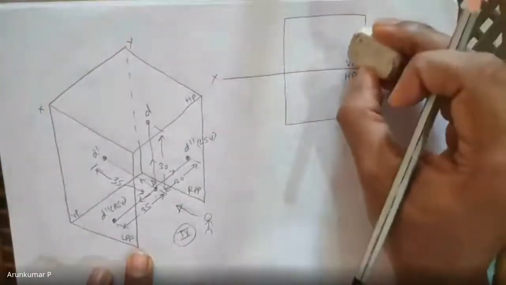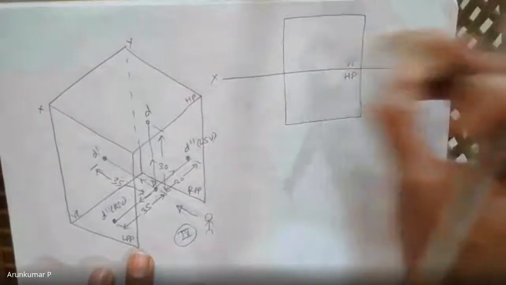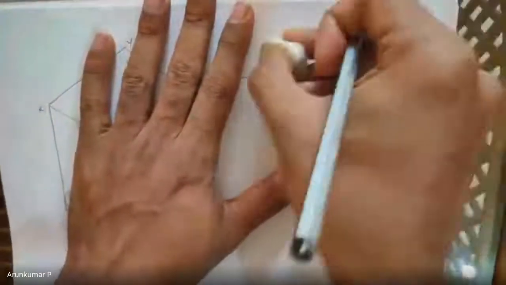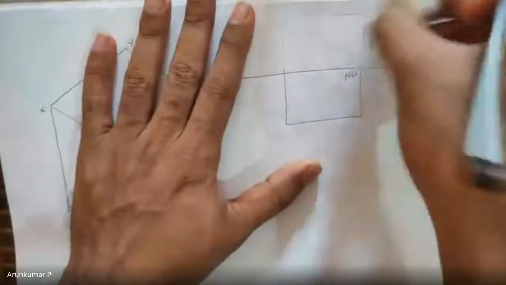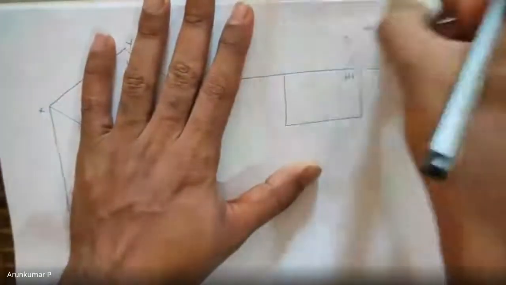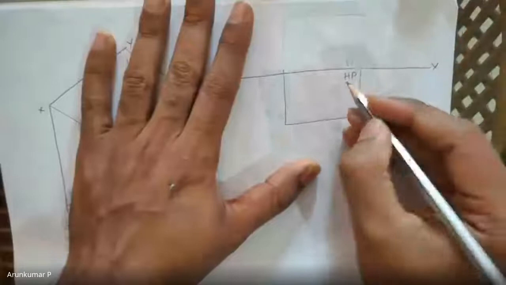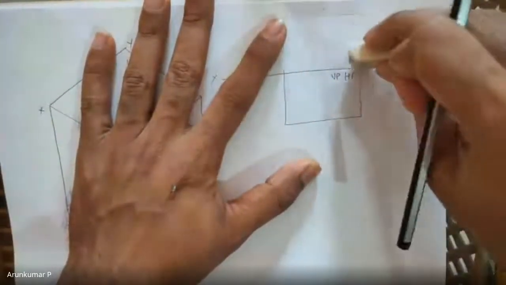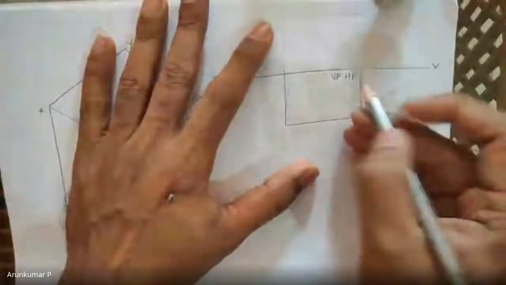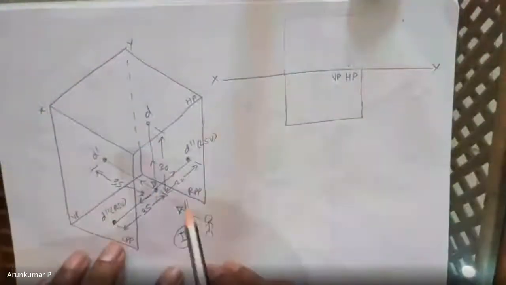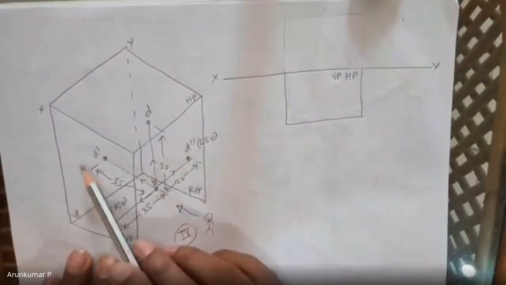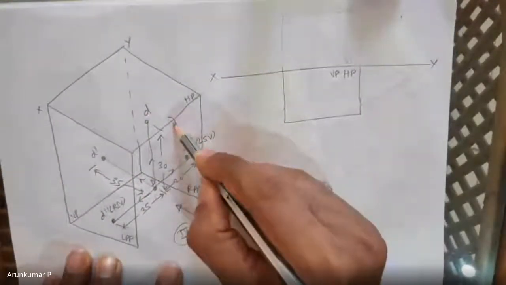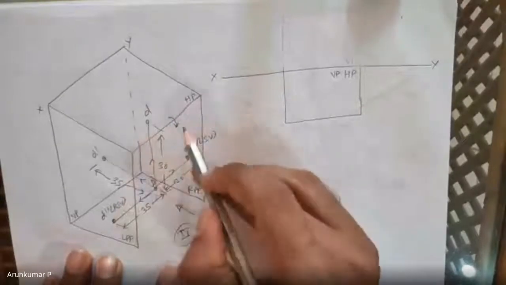So VP is not above. It's not like this. VP and HP both are below the XY line. You know the reason why? Because vertical plane VP fixed, HP will be rotated in the clockwise direction by 90 degrees.